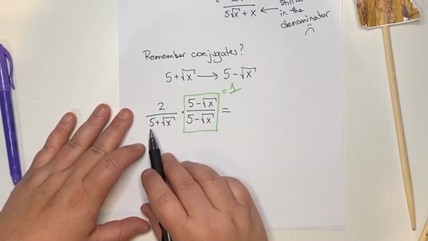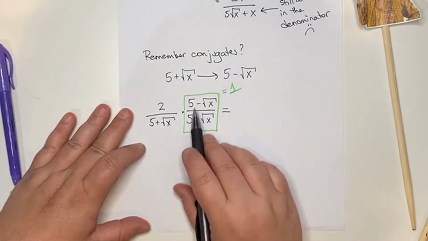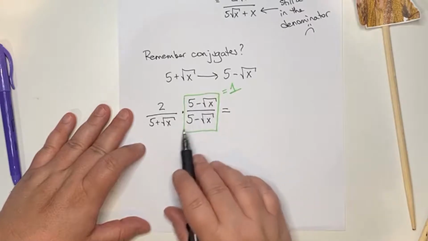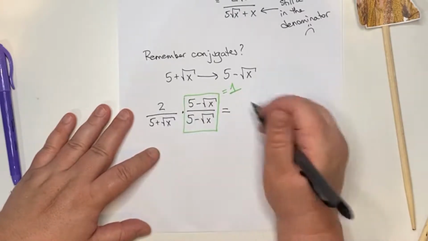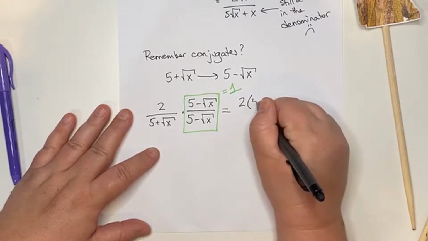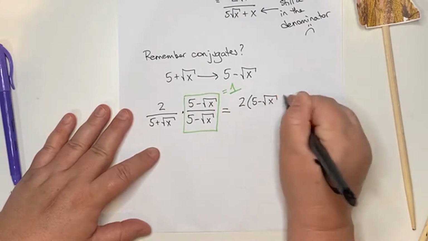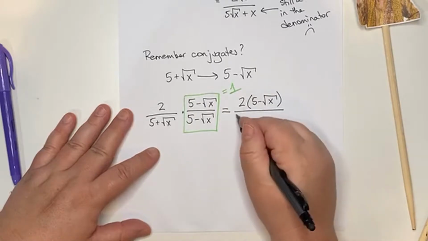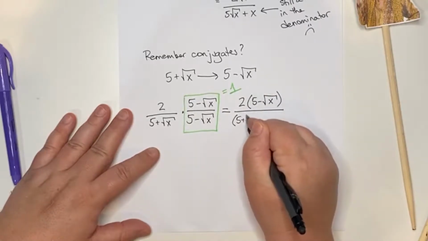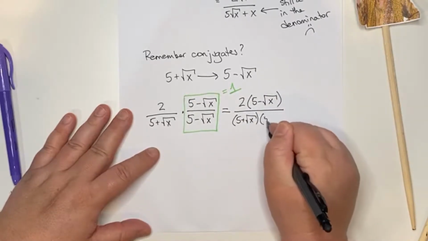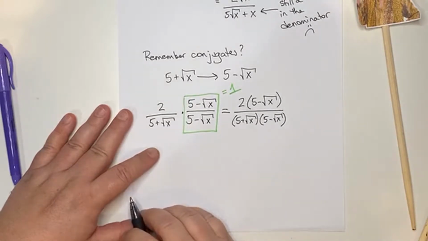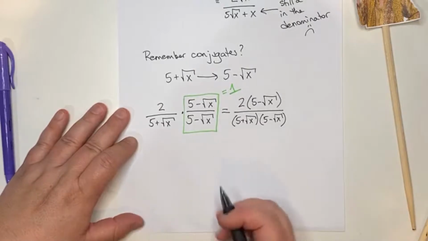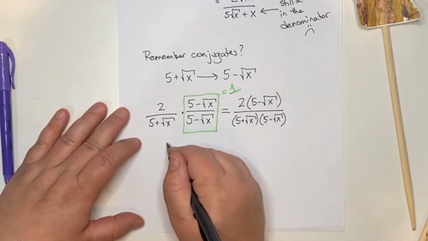Okay, so 5 plus radical x, I'm multiplying by 5 minus radical x, 5 minus radical x. So if I multiply across the numerator, it's 2 times the quantity 5 minus radical x. In the denominator, I've got 5 plus radical x times 5 minus radical x.